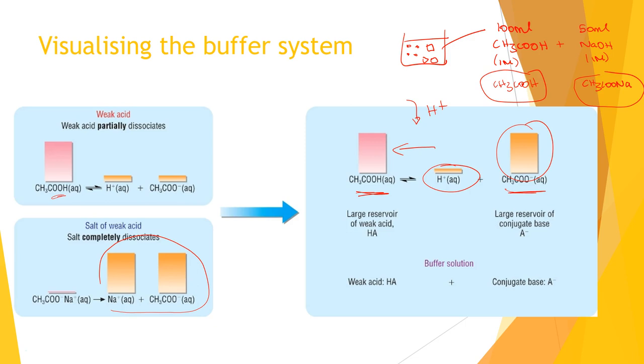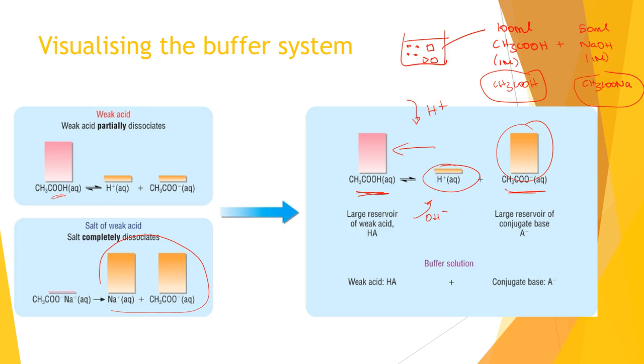On the other hand, if I was to add some base into this system, OH-, it would react with the acid, taking the acid out of solution, and it would reform the salt. So in this case, the equilibrium would then shift.